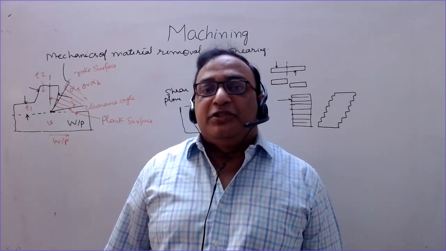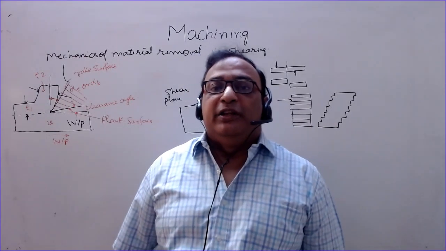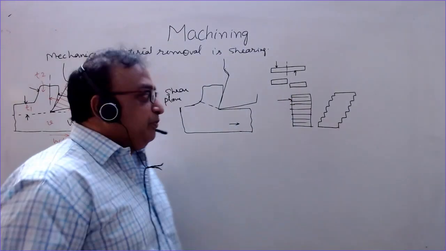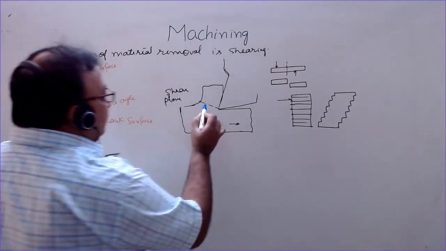The continuous chips without built up edges are desirable and they may be broken down with the help of the chip breaker. So actually the shearing takes place along more than one plane that are known as primary and the secondary shear zone. So this is the primary shear zone.